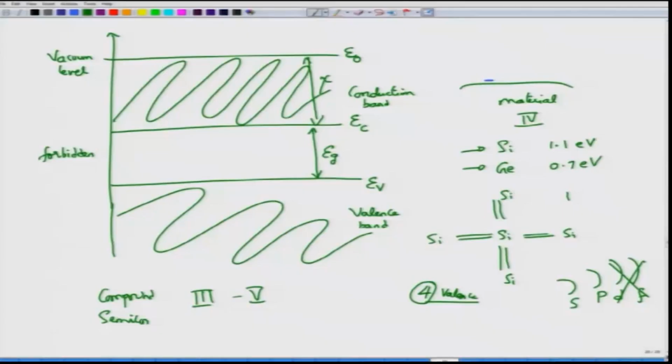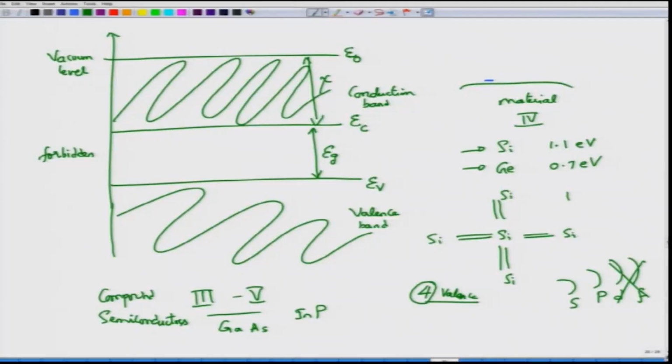Okay. So, these compound semiconductors mimic the behavior of the pure semiconductors, and they too possess 4 valence electrons after they have been grown together. Examples of these are gallium arsenide and indium phosphide. Gallium is of course a group 3 element, arsenic is a group 5 element, indium is group 3, phosphorus is a group 5 element. Okay.